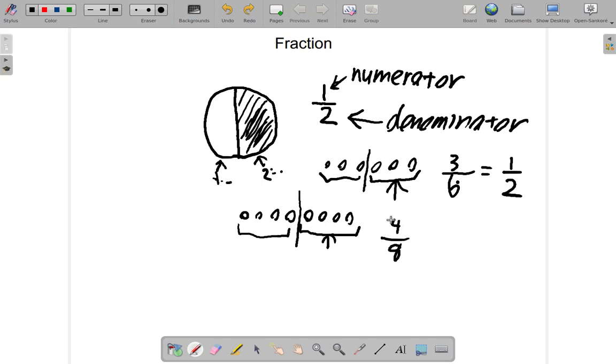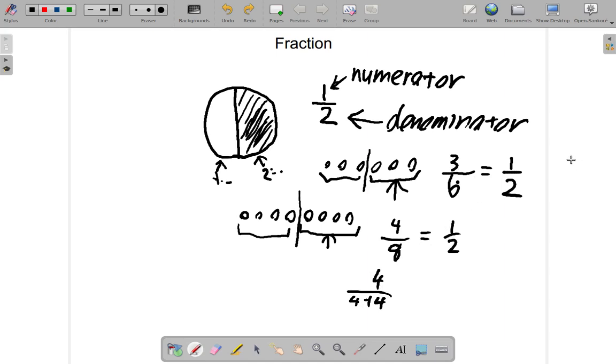So in this case, the 4 is telling me how many I got, and the 8 is telling me how many parts there are, 8 of them. Now this is equivalent to 1/2. 4 into 4 is 1. If I cancel down like that, 4 into 8 is 2. There are 2 4s in 8, because I have 1 4 up here, and down here I have a 4 plus another 4. So I have 1 4 out of 2 4s, so it's 1 out of 2.